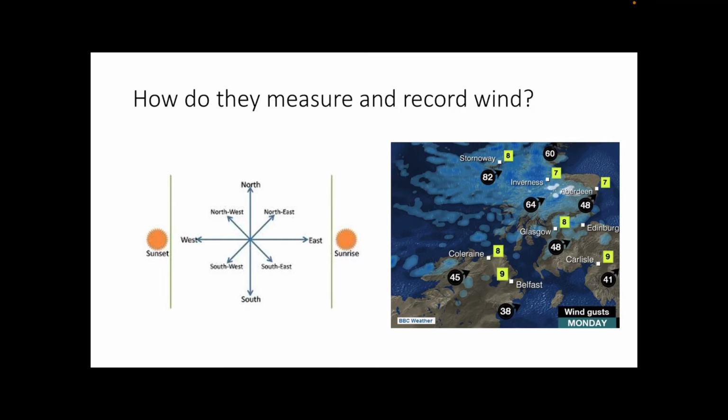So if we look at this report here, we can see that Stornoway is very windy. And that is likely to be because it has way more sea surrounding it, so it's likely to be more windy because it's next to the coast.